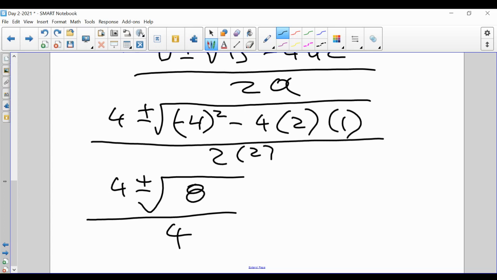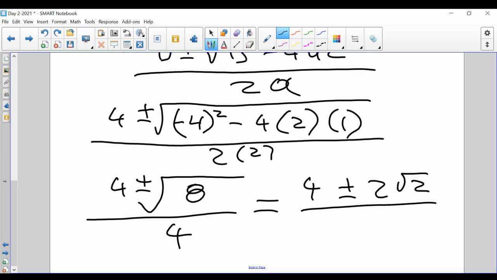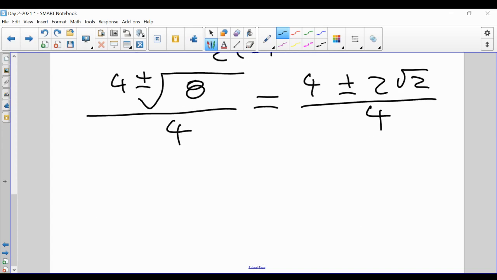And if I ask for this in exact form, that's 4 plus and minus the square root of 8, so that's 2 root 2, over 4. So reducing that down, we should have 1 plus and minus a half of root 2.